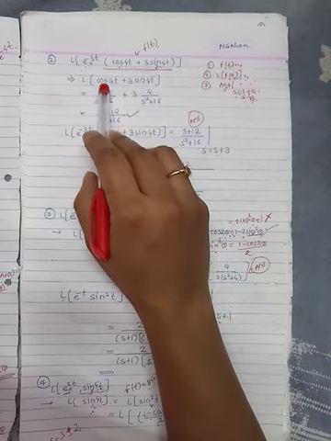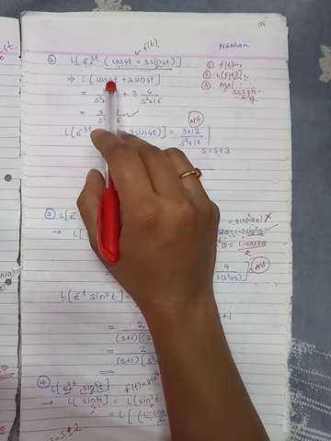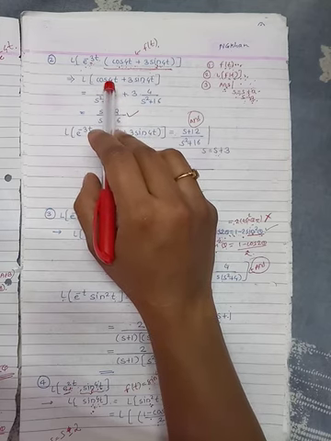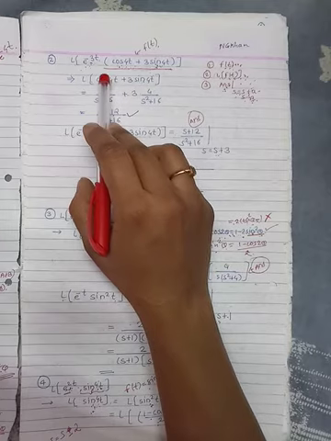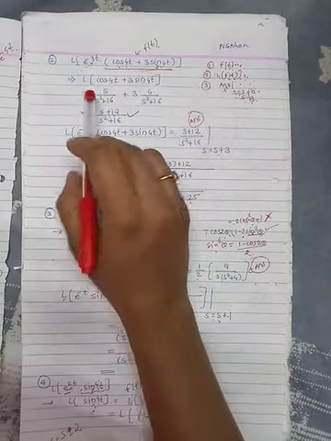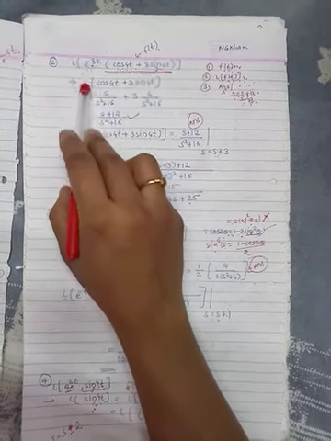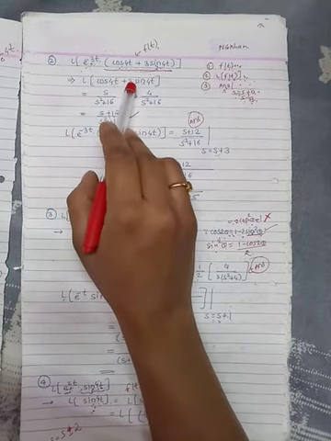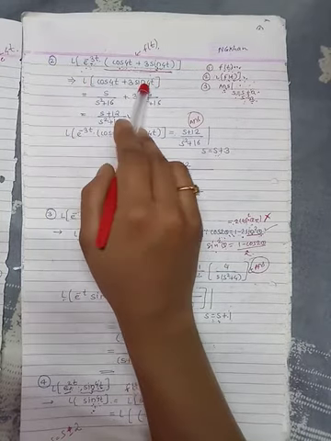As cos 4t and 3 sin 4t are single terms, and we know the Laplace transform formulae are for single terms, we can easily use them. So take the Laplace transform separately of these two terms: Laplace of cos 4t plus 3, a constant, taken outside, into Laplace transform of sin 4t.